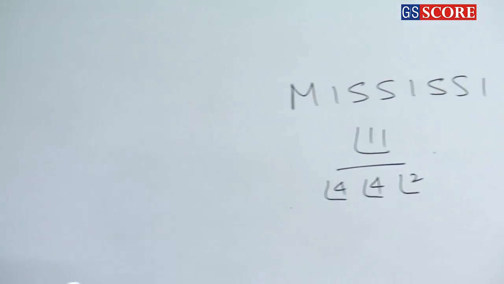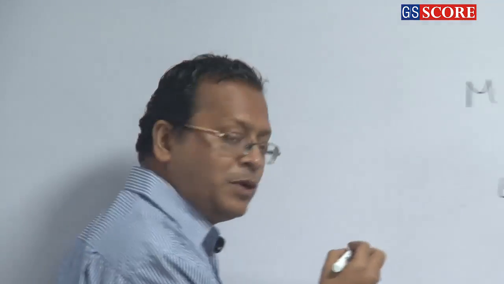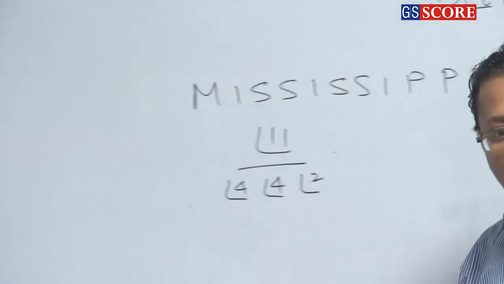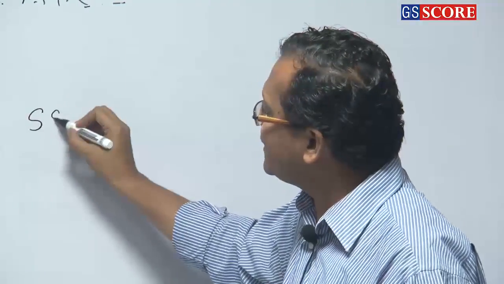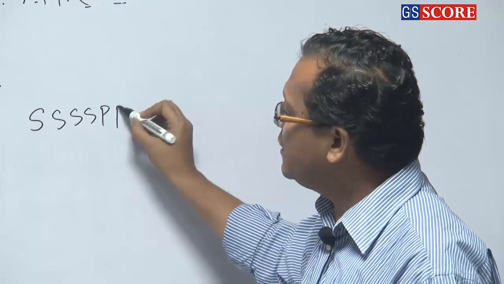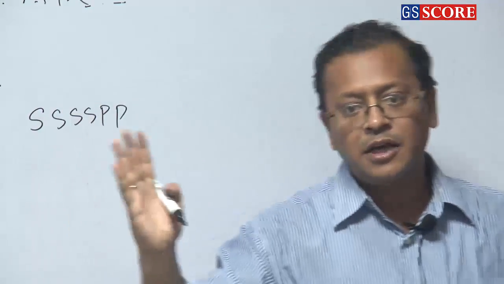That is what I was just about to say, okay. So when you have to say that S and P are always together, why not consider S, S, S, S, P, P as one, as a single unit? Clear or not?